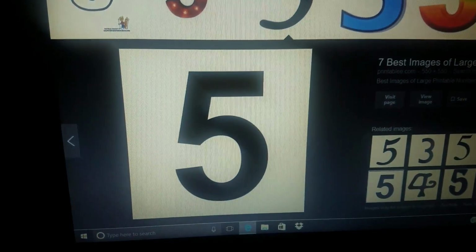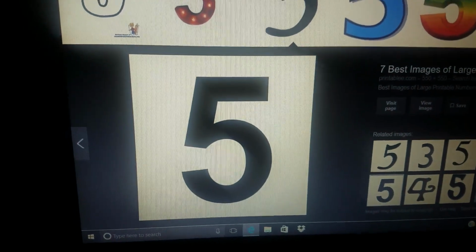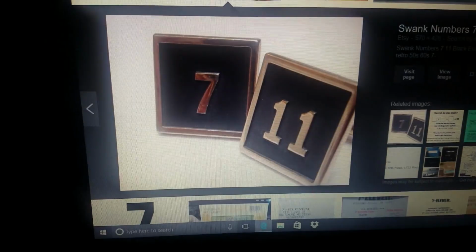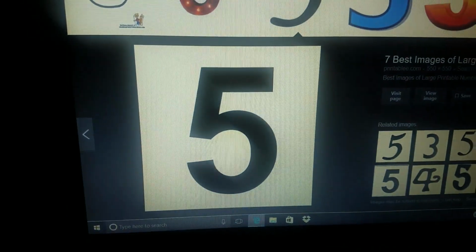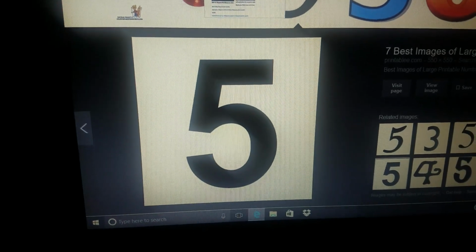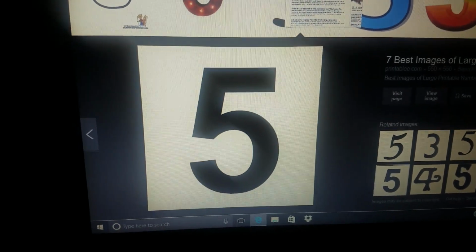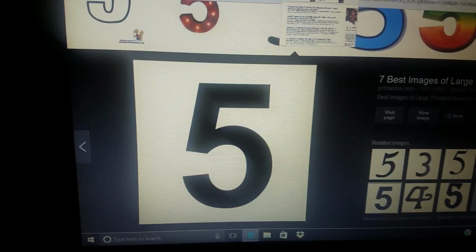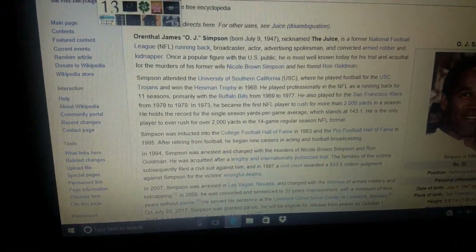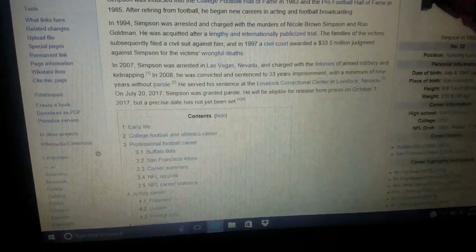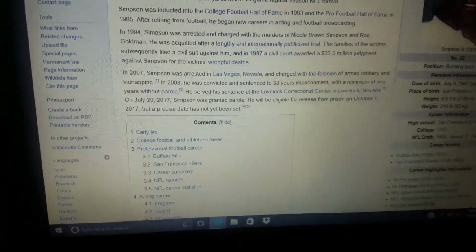Then we have the number 5. So 7-11, 13, and 5. These are the main numbers coded in the O.J. Simpson case and in his life in general. So let's break it down.